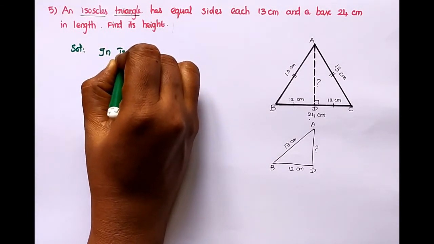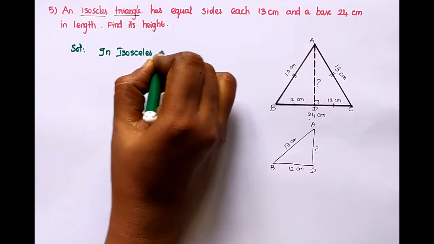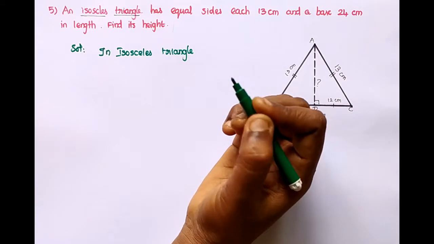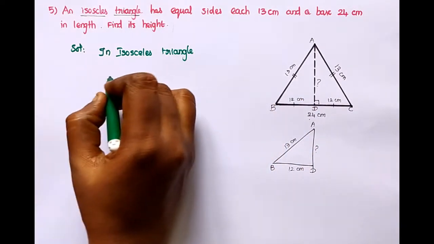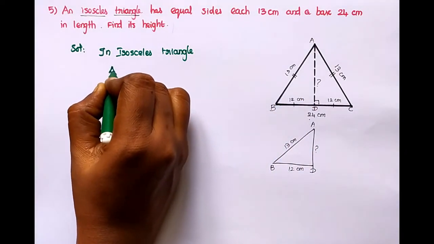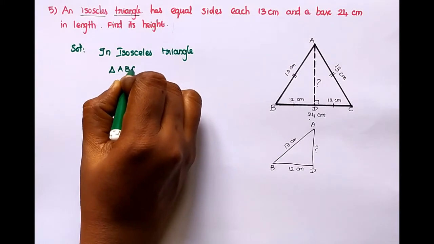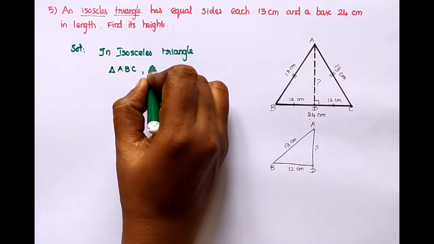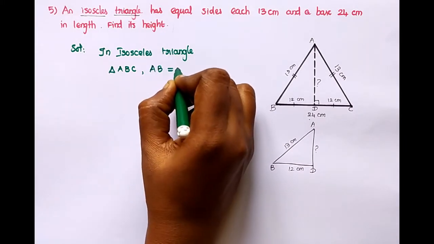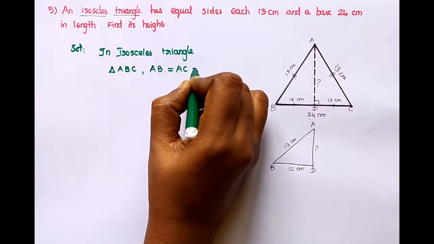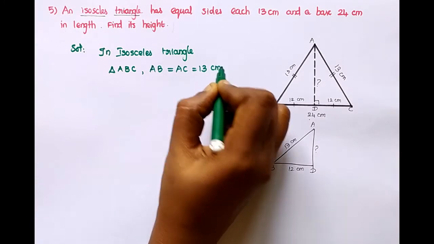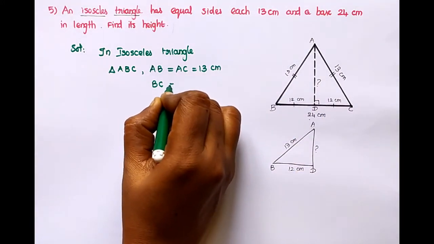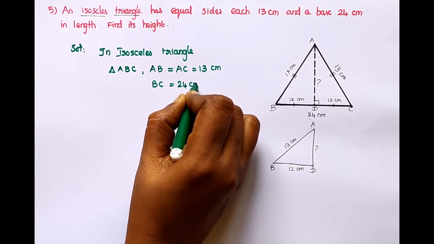In isosceles triangle ABC, AB equal to AC equal to 13 centimeter and BC equal to 24 centimeter.